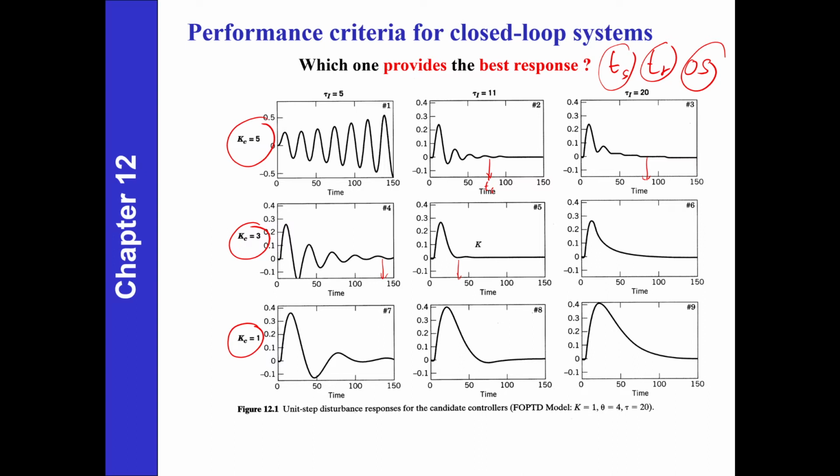You might need another line here so that your response is somewhere here. Compared to here, it could be somewhere also here. This one also about here. And this is an overdamped response. It could be somewhere here. Okay, from the settling time, can you determine which one has the shortest settling time?